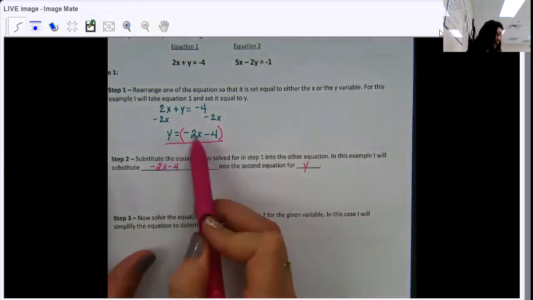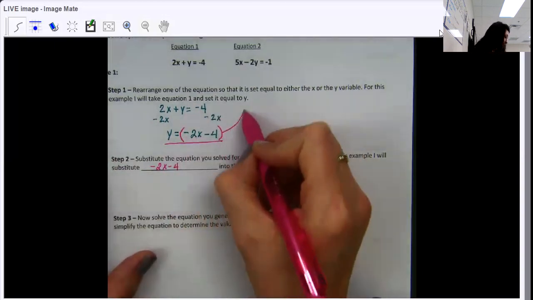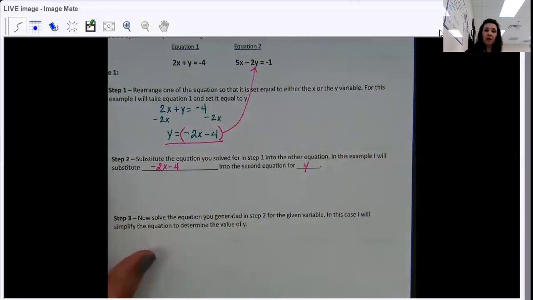I'm going to take what y is and plug that into the y in equation number 2 because y is -2x minus 4. It would be like saying, okay, when I solve for x in an equation and I get x equals 5, well, that's what x is. X has a value of 5. Well, in this case, y has a value of -2x minus 4. We just haven't seen it like that before.